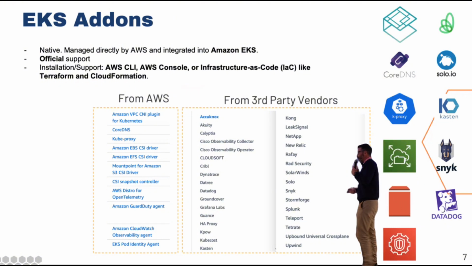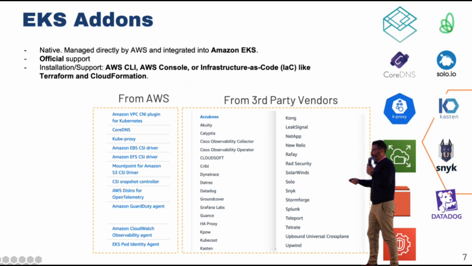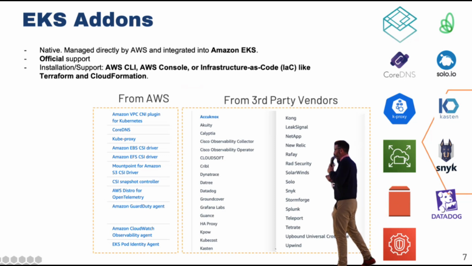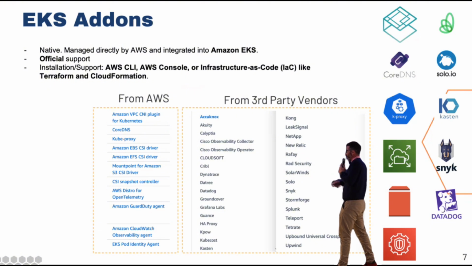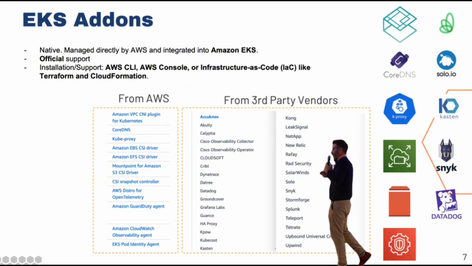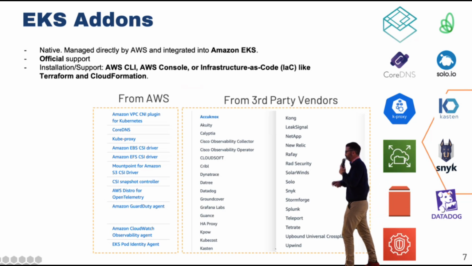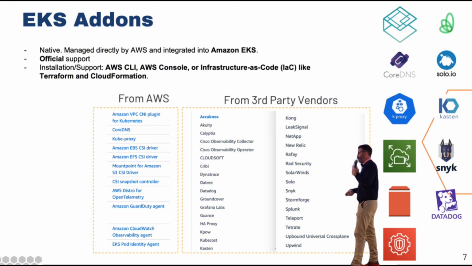The EKS add-ons are native and supported by AWS. Some of them are from AWS and others are from third-party vendors. They can be installed in different ways: using the AWS Console, the AWS CLI, or infrastructure as code, using Terraform or CloudFormation.